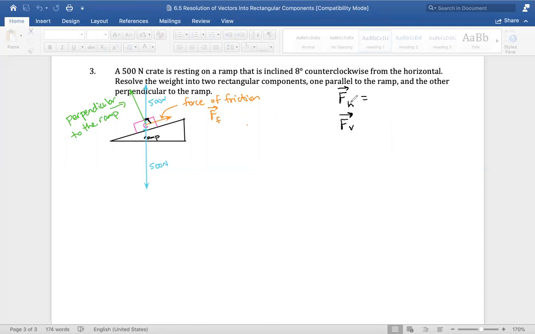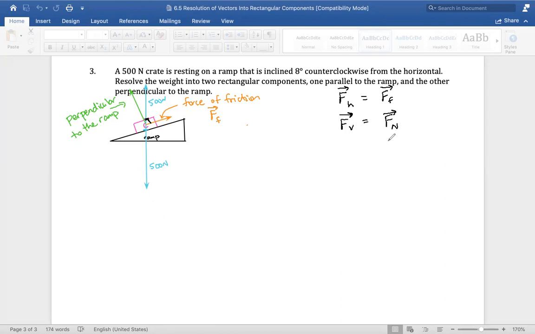My horizontal component in this case would be equivalent to the friction vector, right? And my vertical vector now, because things are slanted, would be equivalent to my perpendicular one, which we said was the normal force. So my normal force, these are the variables I'll be using now, right?